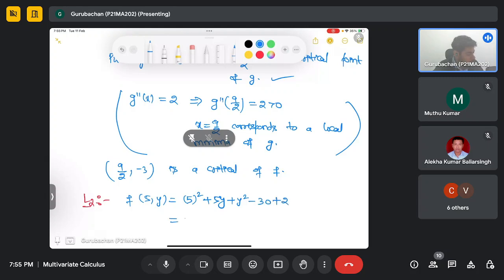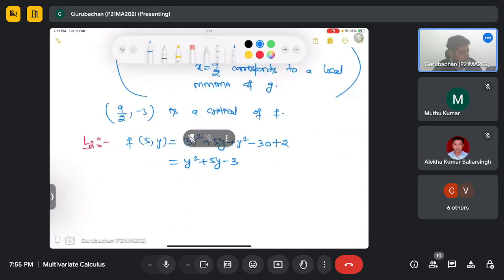So this will give us y square plus 5y, 25 plus 2, 27 minus 30. So this will again be a function g of y. Now differentiate this with respect to y. So this will give us 2y plus 5.